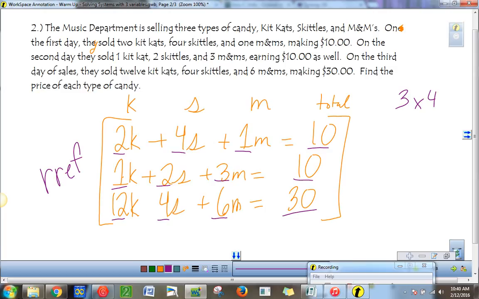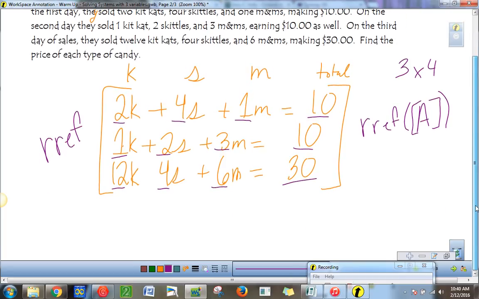So in your calculator you're going to have RREF, and then you got to go back into second matrix and tell it which matrix to do this to. So you want to tell it the bracket, matrix A. Go back into matrix and just select this guy. And now hit enter. And you'll get something called the identity matrix, which is super fancy.